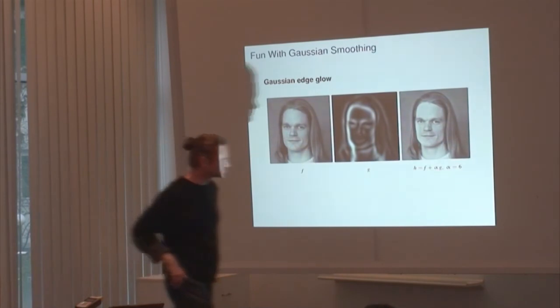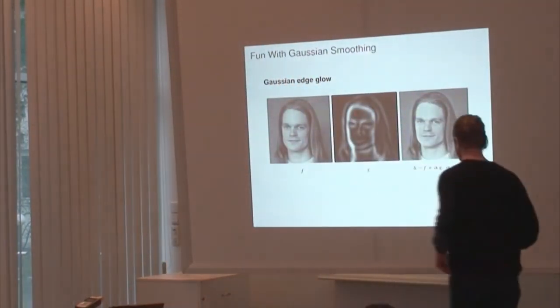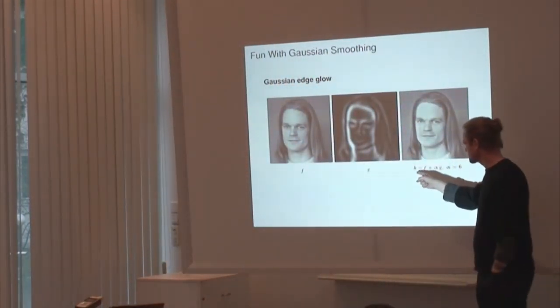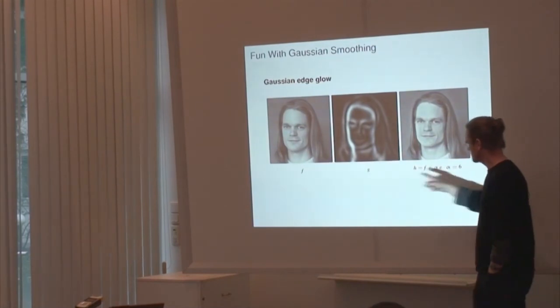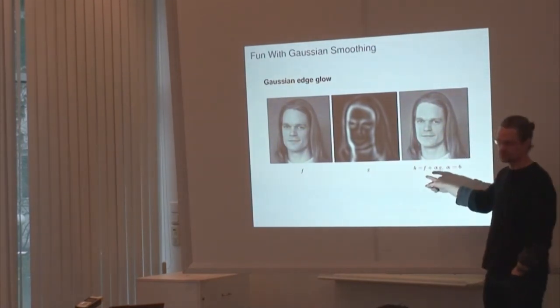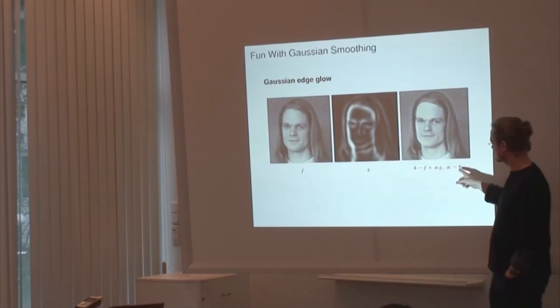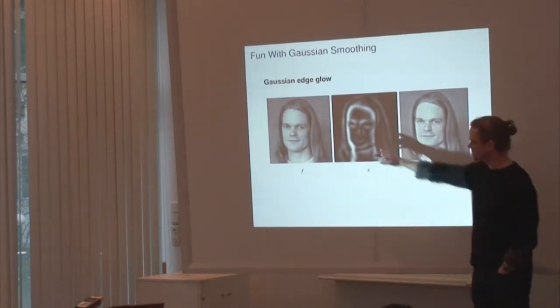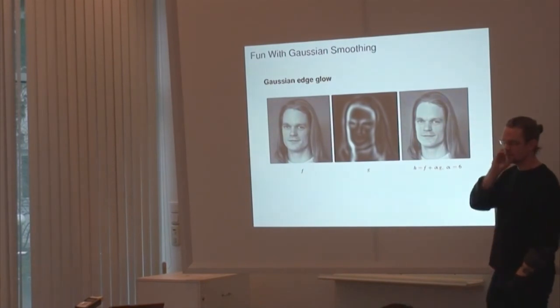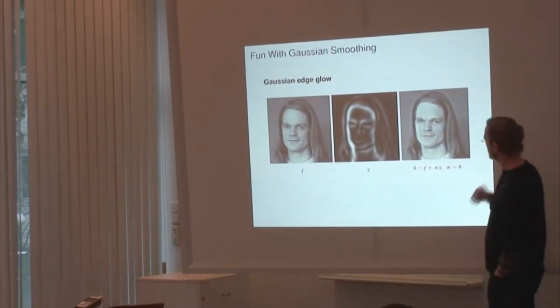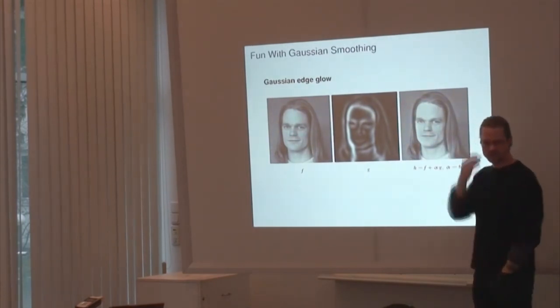And then, again, I create a new image. This time, I'm just adding alpha times G to the original image. And I've chosen that alpha to be 6. Can you see a difference between this image and that one? There's a slight glow behind the hair, and about here, like my jaw.